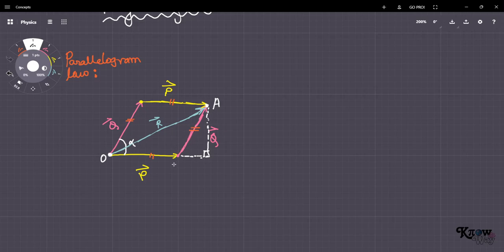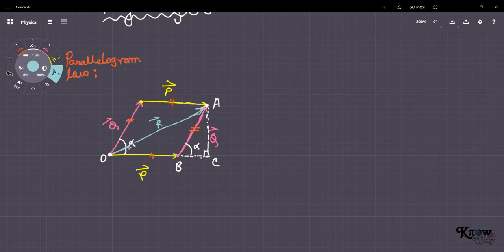Let's say this is A, this is B and this is C. This AB is parallel to the Q vector, and the P is the intersector of the two parallel lines. That means this angle right here and this angle right here must be equal. So this is also alpha. Now we look at where we can find the resultant R.